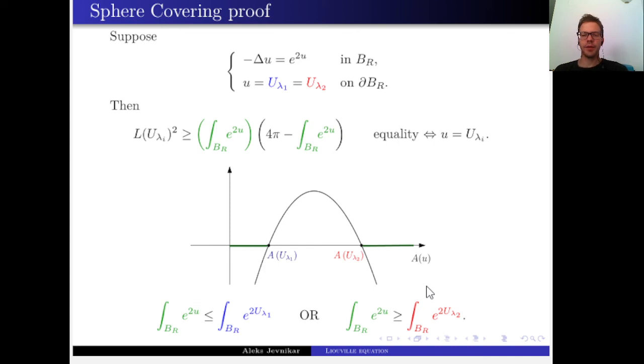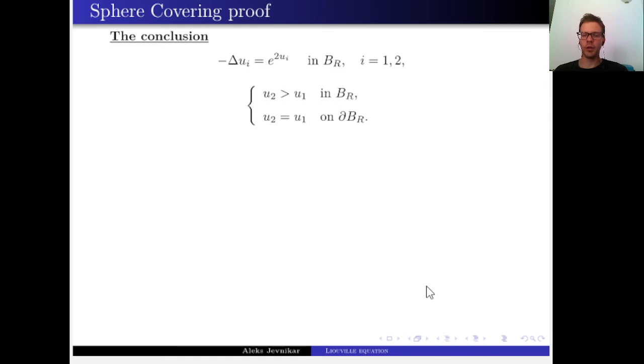Alright, so let's see how we conclude. Suppose for simplicity you have two solutions in a disk. One is bigger than the other and they agree on the boundary. So a simpler situation.